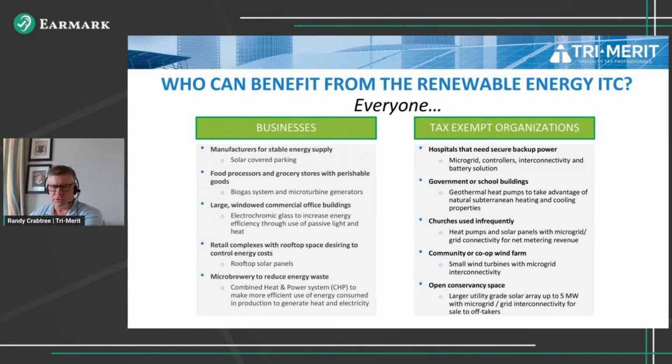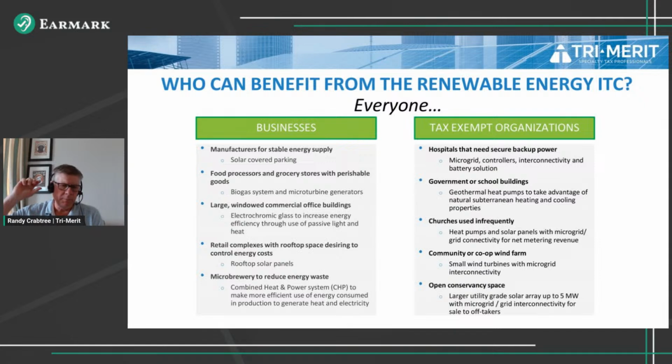We're not talking individual. There are individual incentives out there for putting solar panels on your house and for electric vehicles, but we're not talking that level. Today we're talking business tax saving opportunities, but not only businesses, tax exempt organizations.